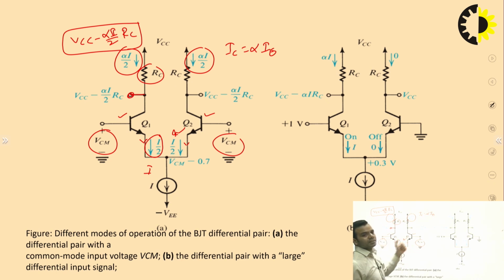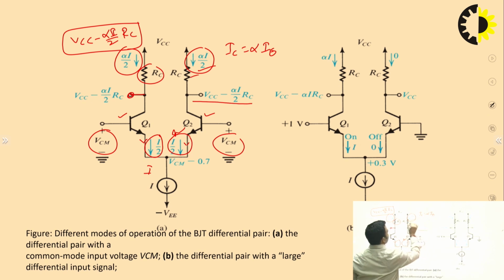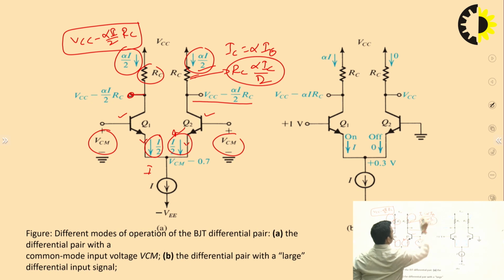Let us analyze transistor Q2 also. In this case, same current is flowing in emitter I by 2. So this will also be alpha I by 2. And voltage drop across this resistor will be RC into alpha I by 2. So this will be VCC minus alpha I by 2 RC.